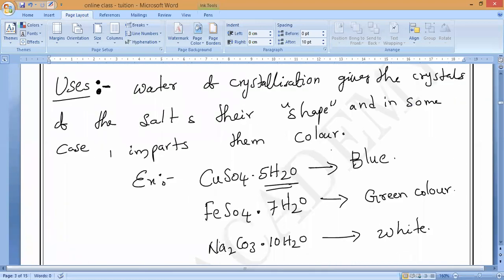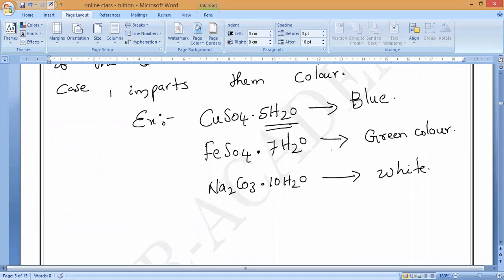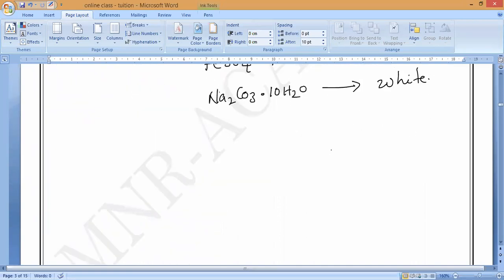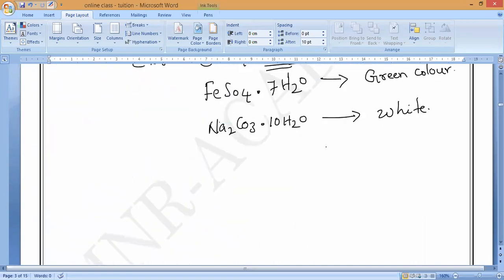Now, there are many other salts, like cobalt nitrate, nickel sulfate, magnesium sulfate, different kinds of salts. If you want, you can note them down as other examples. I have already taught you four.